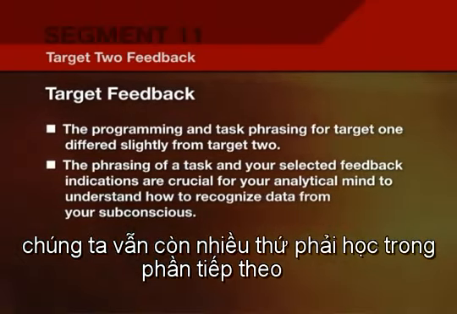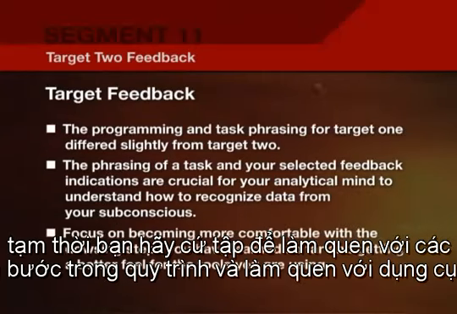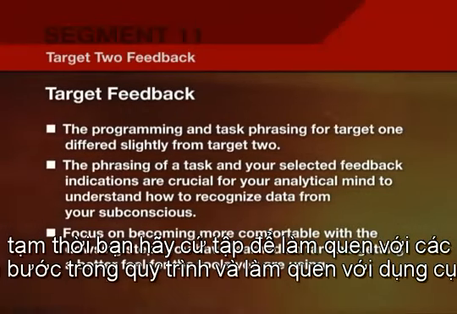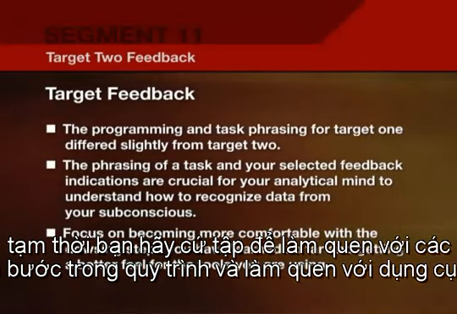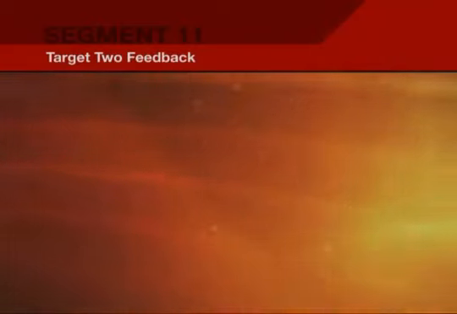We still have a lot to cover, so we'll come back to phrasing and programming later in the training set. For now, stay focused on becoming more comfortable with the dowsing steps you have learned so far and getting a better feel for the tools you are using.